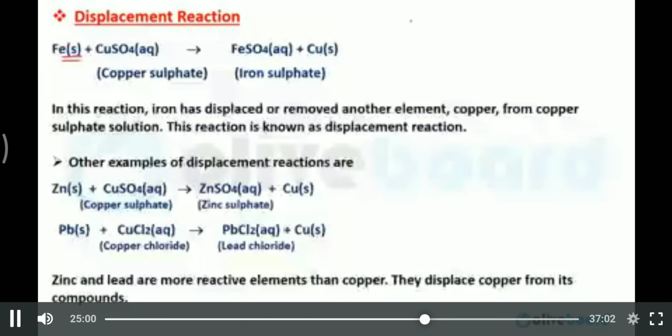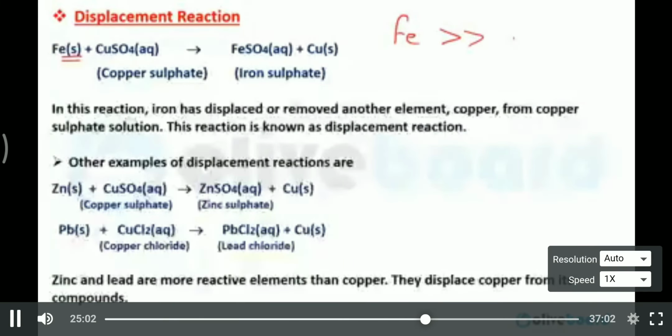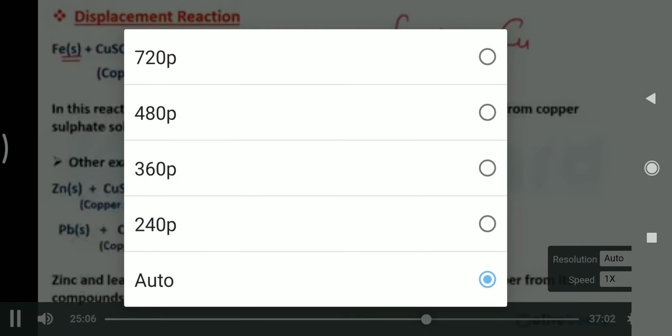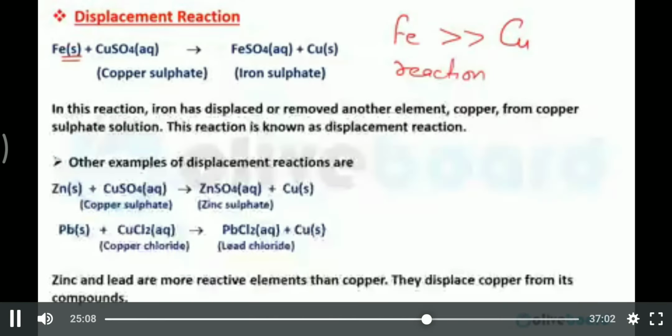Because iron is much more reactive than copper, iron is more reactive.